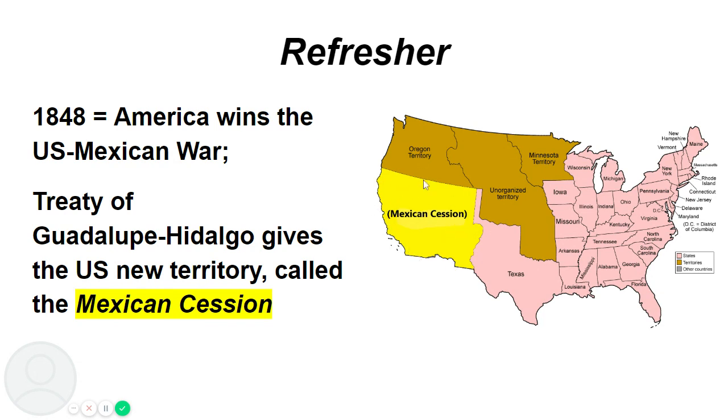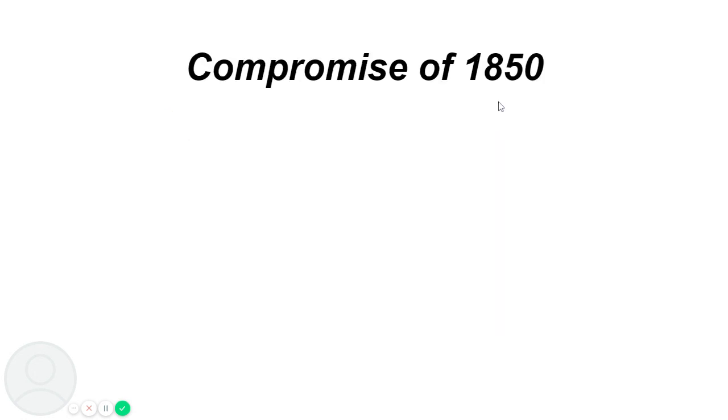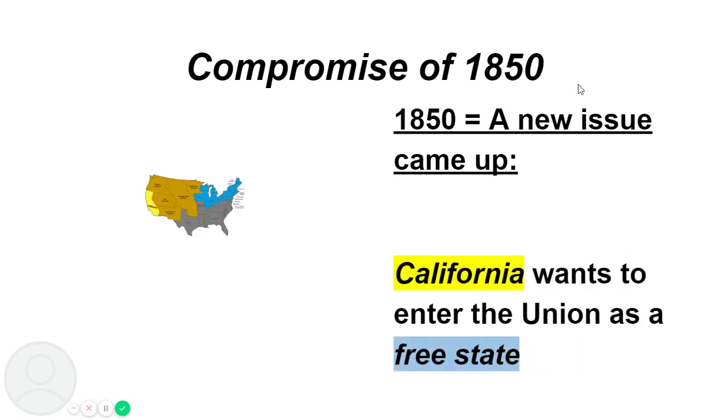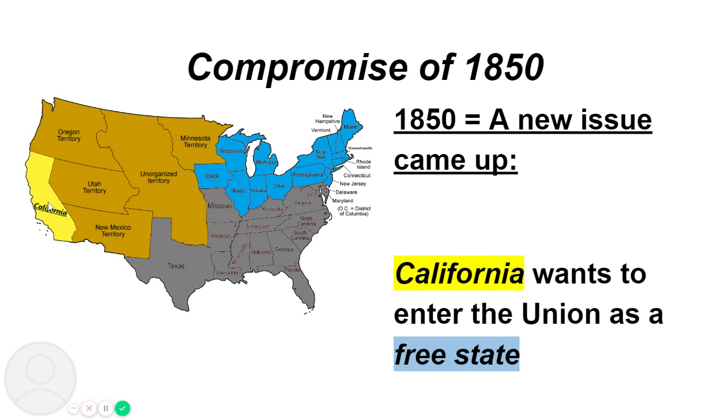That's this yellow area right over here. And theoretically, anything that is south of this 36°30′ line should be a slave state, right? That's what the Missouri Compromise says. Except a new issue comes up in 1850 because California, right over here, wants to enter the Union as a free state.